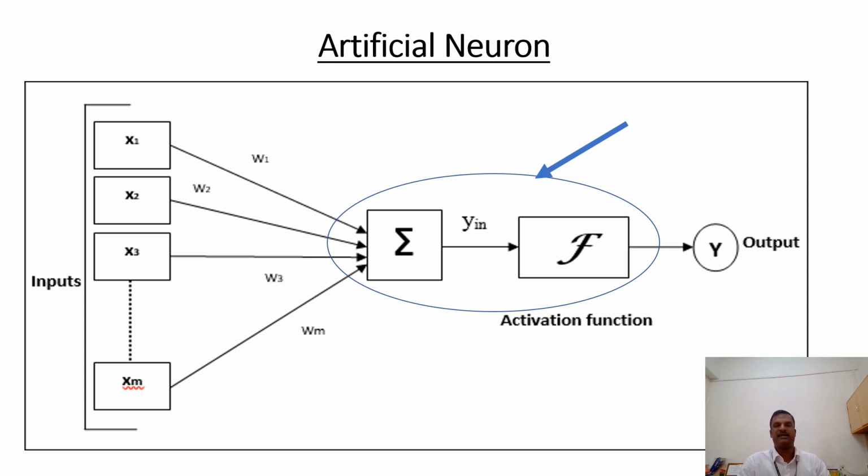So this importance measure can be quantified by this concept called weights. W stands for weights and it has a value ranging between 0 and 1. Whenever we say 0, it means it is not at all important. Whenever you say 1, it is completely important. And whenever you say 0.5, 0.3, 0.2, you have infinite numbers between 0 and 1. You can give that much weightage. So this is the concept of the weights.